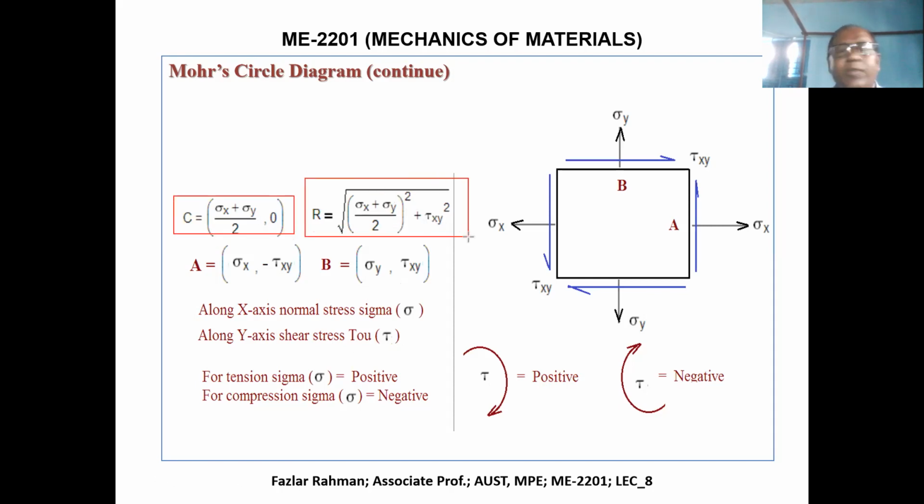Now, how will you draw the circle? One thing you need to remember: you always think only of these two points, point B and point A.